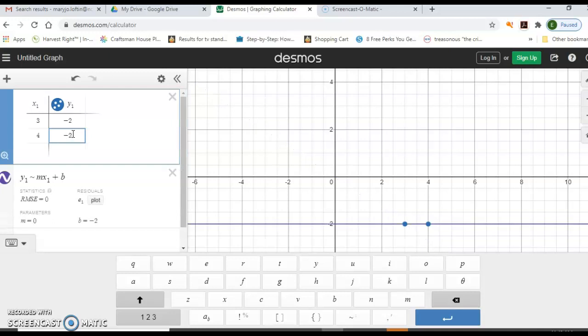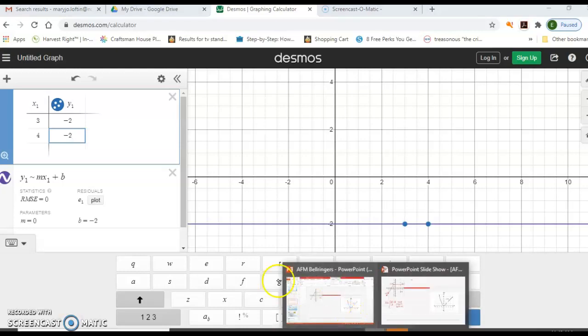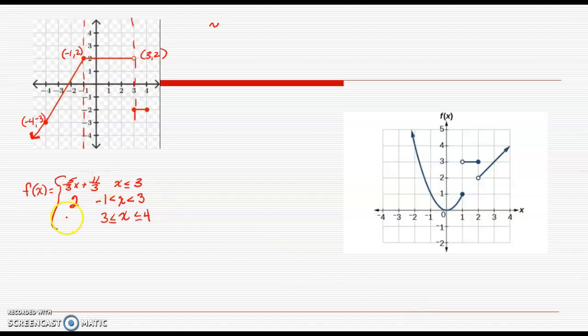All right, so once again, you don't have a slope, it's a 0 slope, and you've got b equals -2. So there is your answer for your third one. It's -2 for here. So that should cover your linear. I will do this one over here in a second, but I'm going to make that a second video.